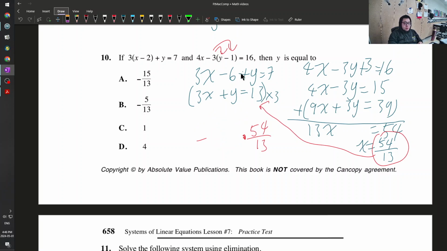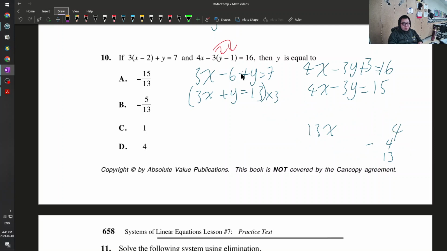Okay, so erase everything that we have done before. Okay, subtract both sides by 3. We get 4x minus 3y is equal to 13. Now we still multiply the other one by 3 and we get this.